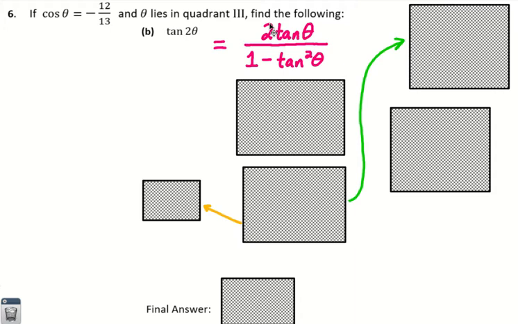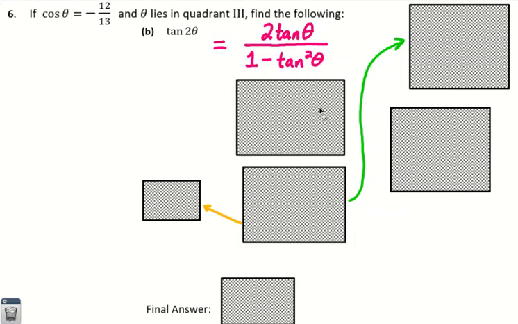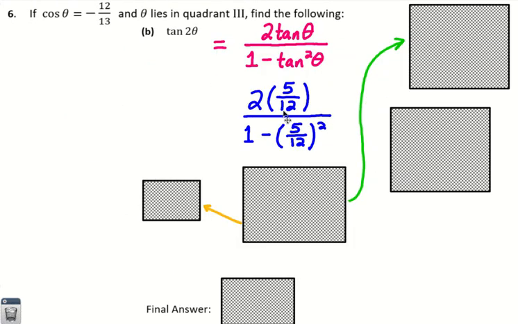So you're going to need to still be able to recall that knowledge from your memory banks for the test. The tangent of theta is y over x. So it'll be negative 5 over negative 12, which is overall positive. So positive 5/12. So you plug in 5/12 for the tangent of theta, and we get this.